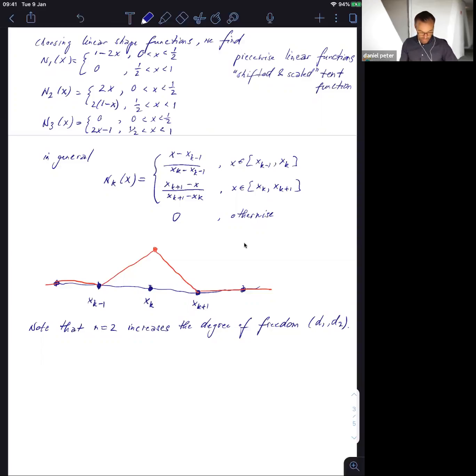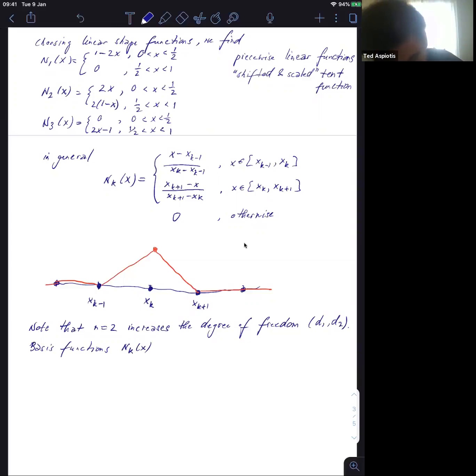So basis functions nk of x have only local support.